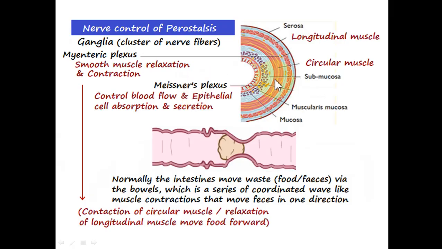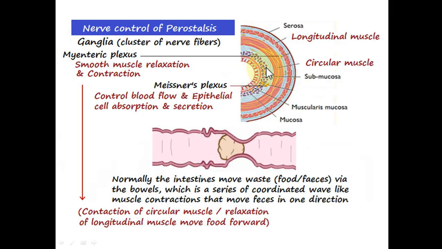So we know that a cut section of the GI tract anywhere is composed of an internal layer, which is the mucosa, which itself consists of the epithelial cells, the lamina propria, and the muscularis mucosa.